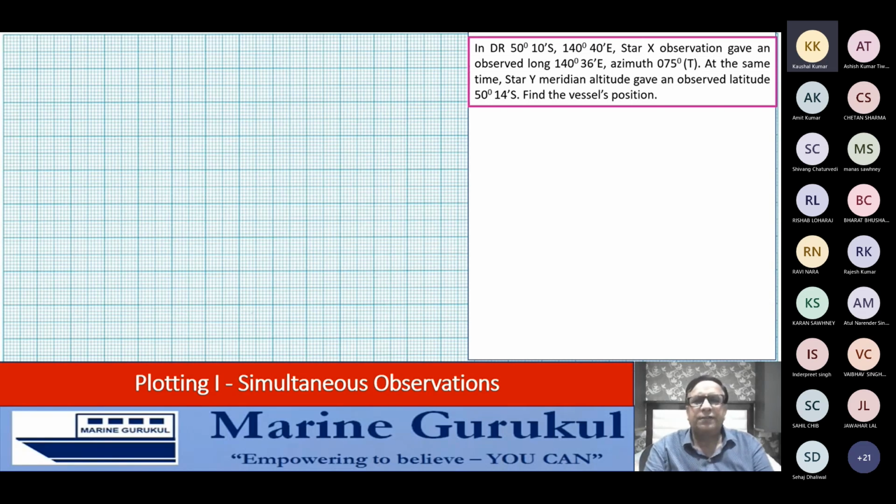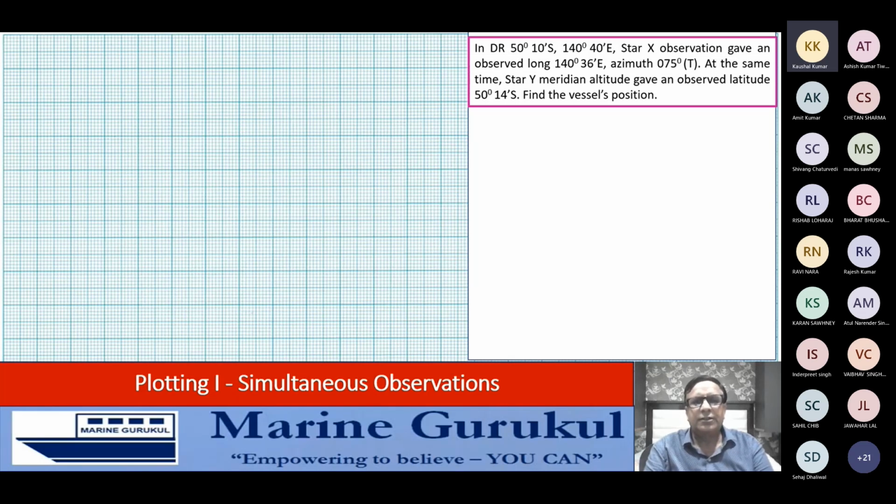Now, before we proceed any further, it's important to identify the methods deployed for solving the sights of star X and star Y. I'm sure we can all figure out that star X has been solved using long by chron, and in such case, the PL shall be drawn through DR lat and observed long.